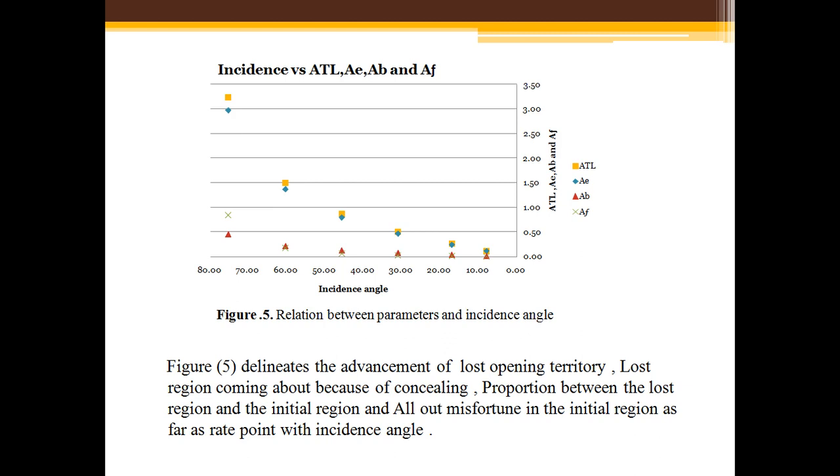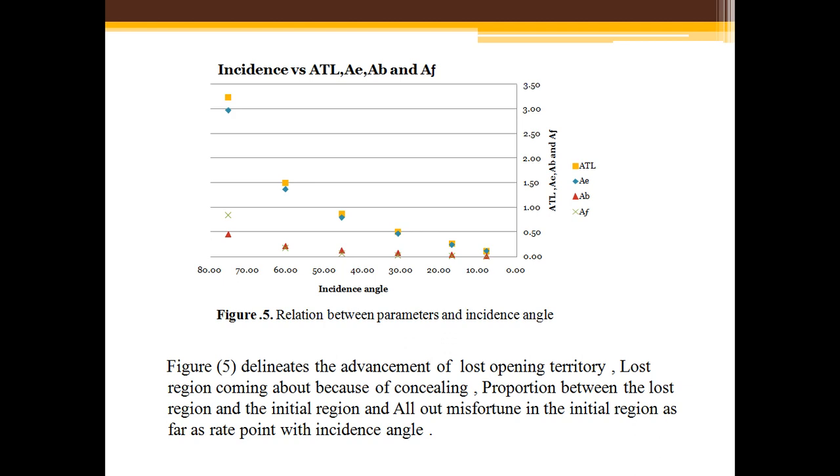In addition, the maximum value of ALT is 3.23 square meters at the incidence angle of 75.31, while the minimum value is 0.11 at 7.79.